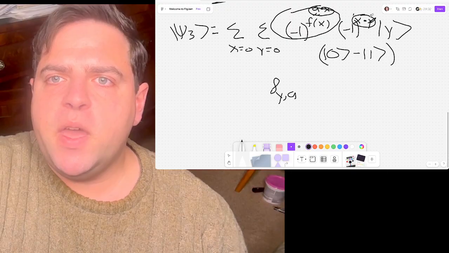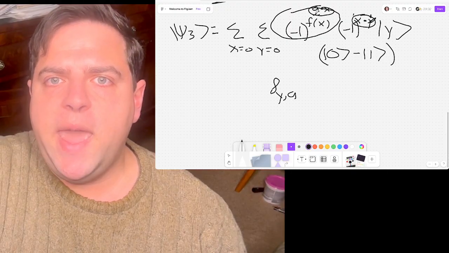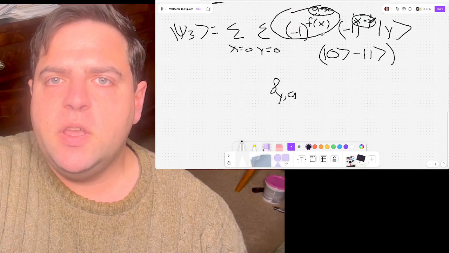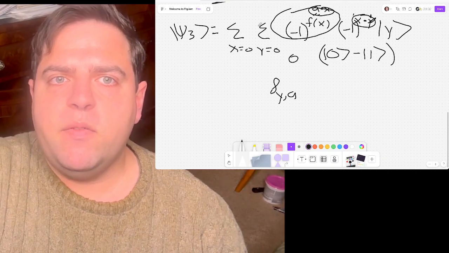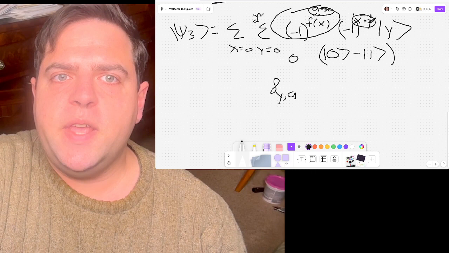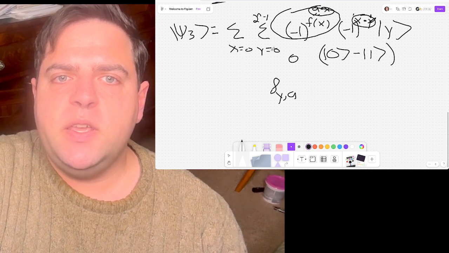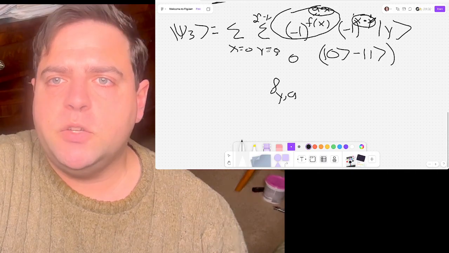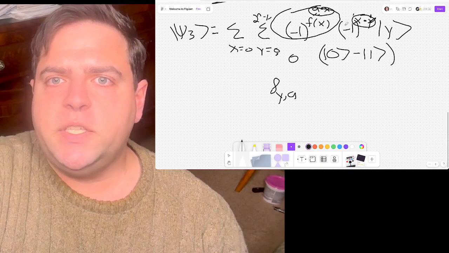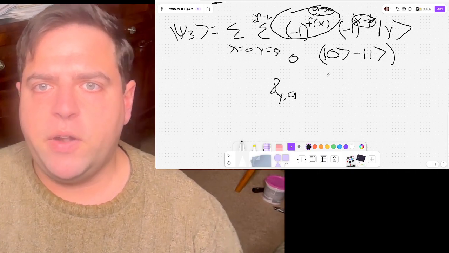So if this string of n bits, this y here, is not equal to a, then this is just going to zero out. Because this goes to 2 to the n minus 1, which is an even number of terms because it's zero indexed. And these signs are going to flip back and forth, and they're going to cancel each other out.